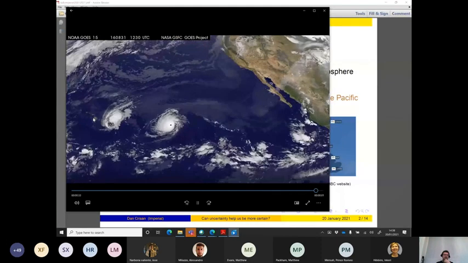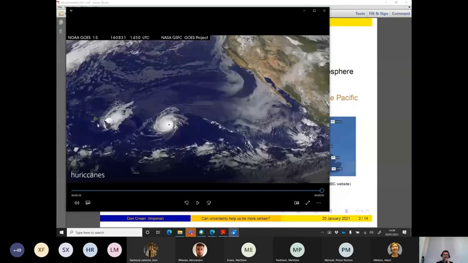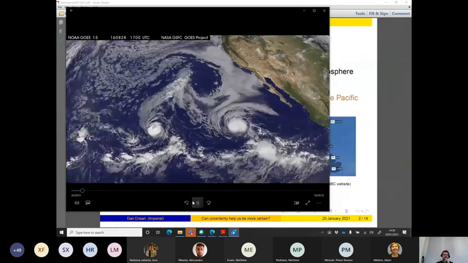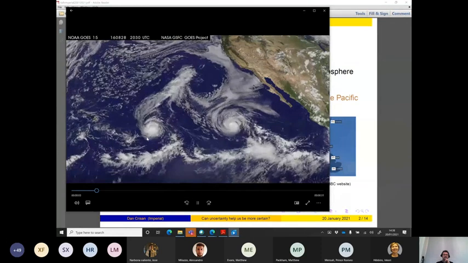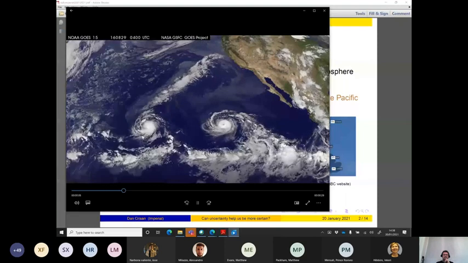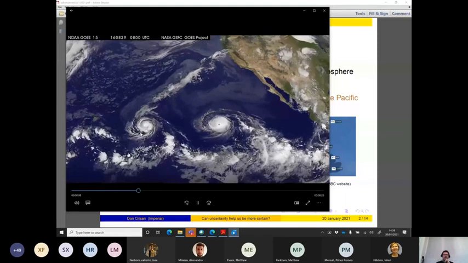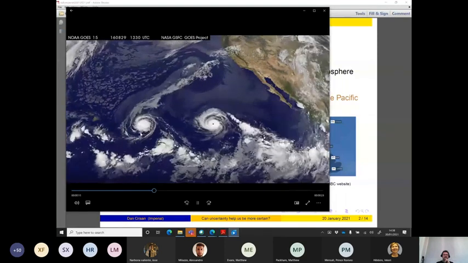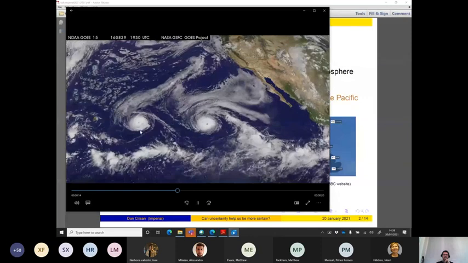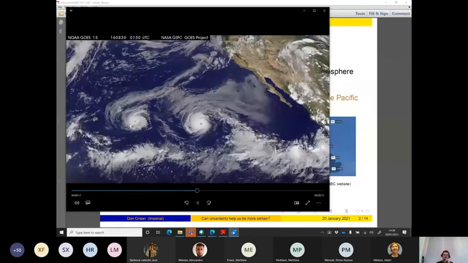These are the Hawaiian Islands, and people at the time were very keen to find out, as with any hurricanes, not just with these ones, when are they going to make landfall? And you might hazard a guess whether either of them made landfall.